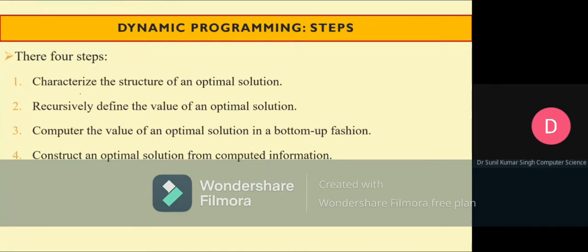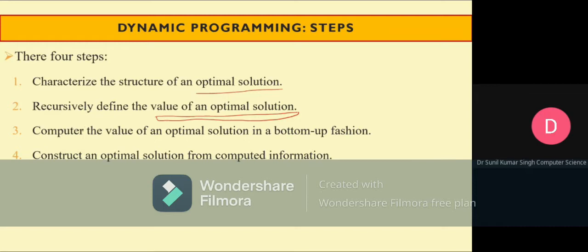The first one is to characterize the structure of an optimal solution. So let's formulate the structure of the problem. It will be more clear in the coming slides. And then recursively define the value of an optimal solution. That means a requirement of a recursive function.